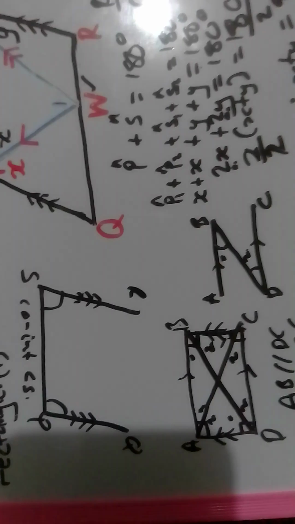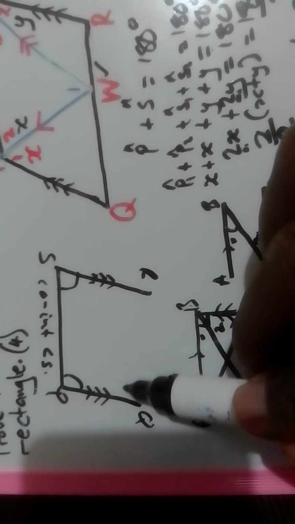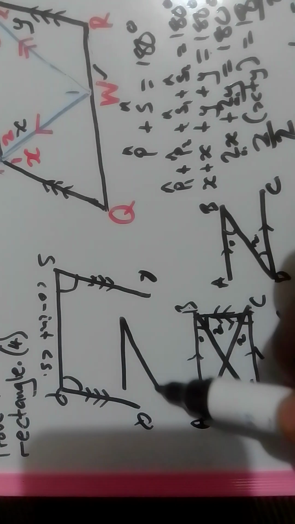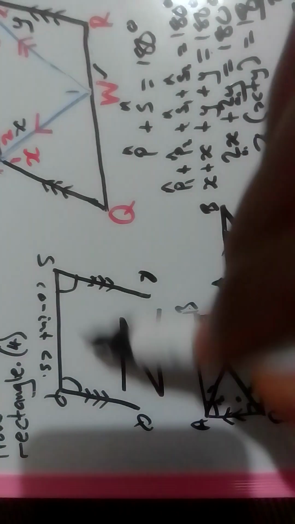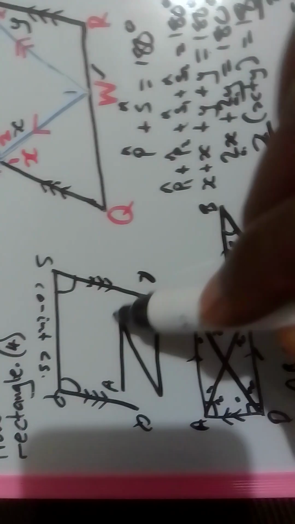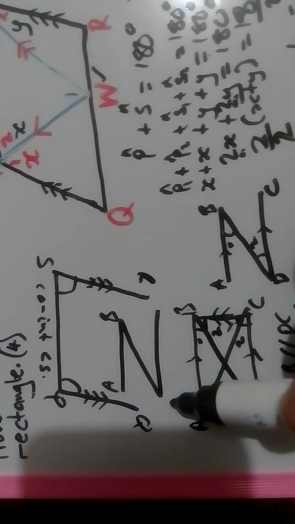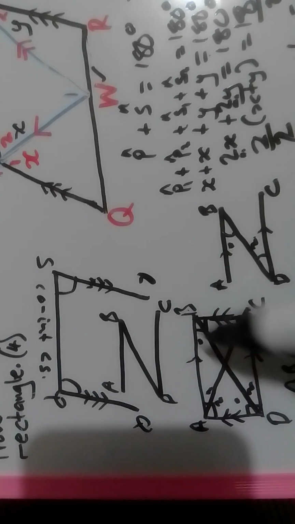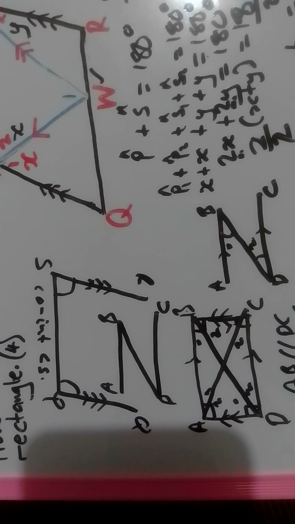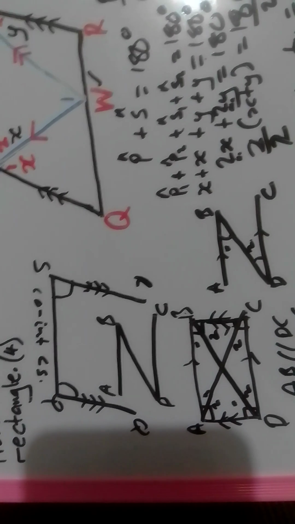Let's draw it aside. A, B, D, C. A, B, then this D, then this. Oh, no. I drew it the wrong way.